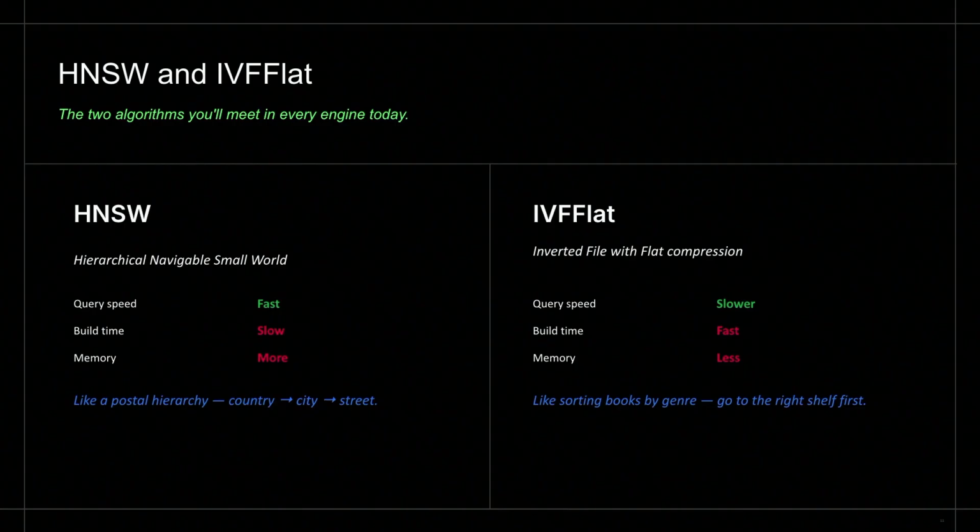The second algorithm that you'll run into is IVF flat, or inverted file with flat compression. It's similar to sorting books by genre. If you want to find a particular title in the horror genre, you don't have to look through the entire library. You can just go to the bookshelf where that genre resides.